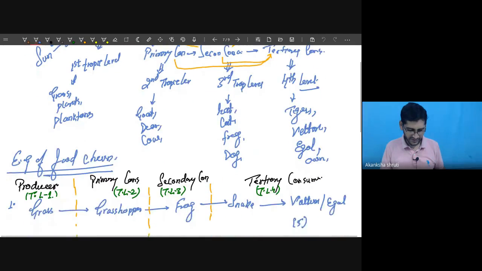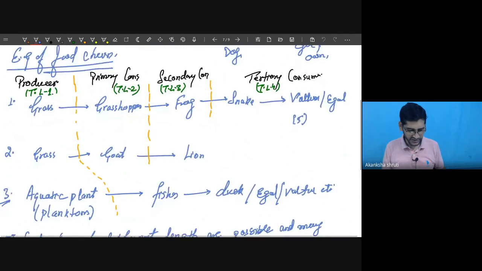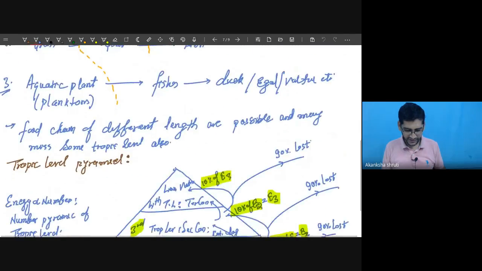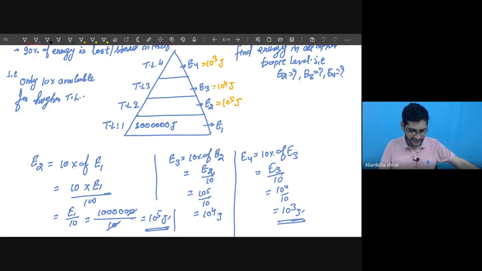Then what are the various examples of these trophic levels? How is the ecosystem represented with trophic levels and the food chain in pyramidal form, the so-called trophic level pyramid? Whose number will be more, and how is the energy flow? This I had explained.